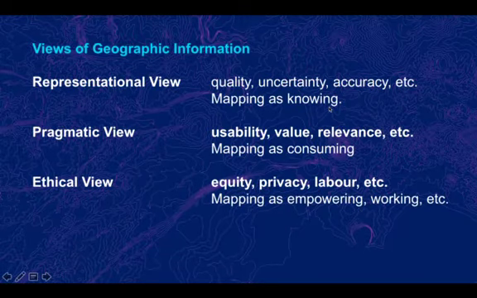The view is that mapping is a way of knowing, and mapping should more or less reflect what the so-called real world is. And then after that, there's another view, a kind of pragmatic view. You see the usability, the value, the relevance, and you try to measure that. It's because mapping is thought of as some sort of consumption exercise, or as a way even to claim or to control the territory.